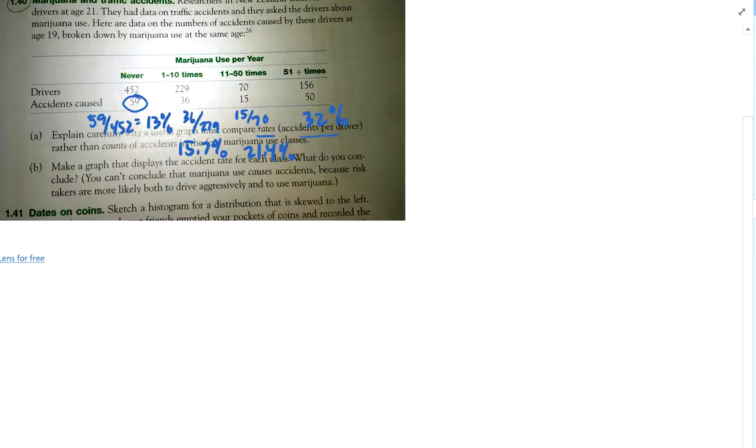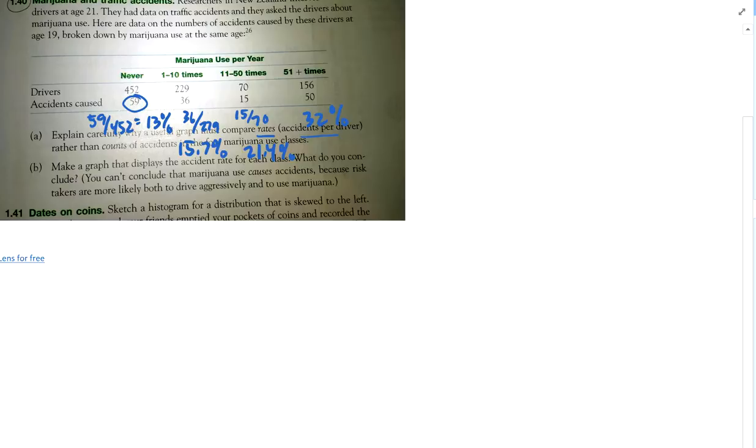Okay, so here we go. Make a graph that displays accident rate for each class. So the question is, what kind of graph do you want to make? Well, let me ask you this: what kind of data are we talking about?